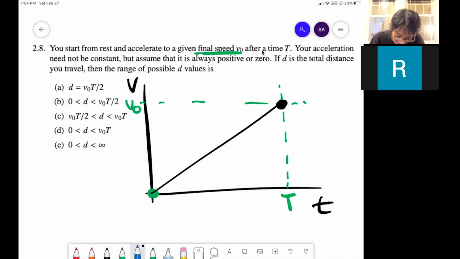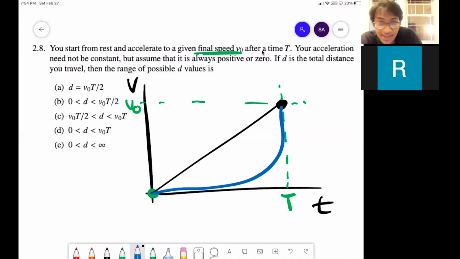So something like this, right? You can see that I still achieve the same final velocity. I still do it in a time kappa t. I still start from initial velocity, but I'm getting to that final velocity in a much faster time frame, right? You can see that I'm usually 0, and then I rocket up to my final velocity.